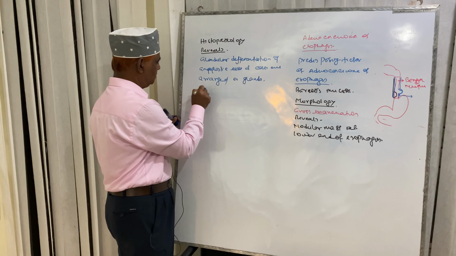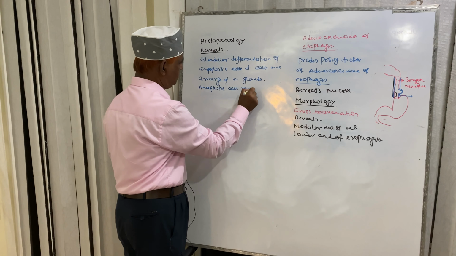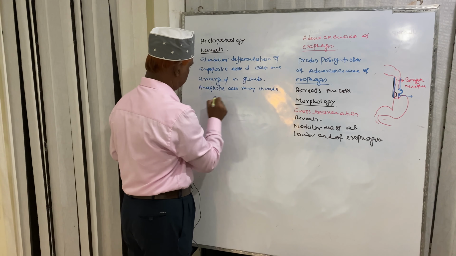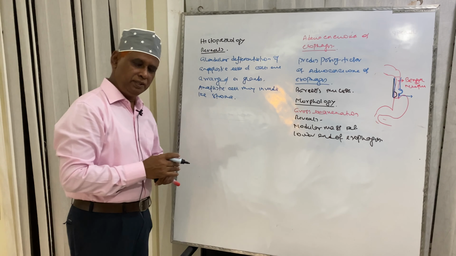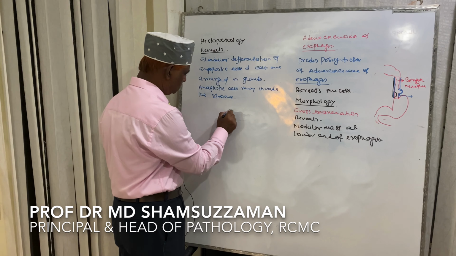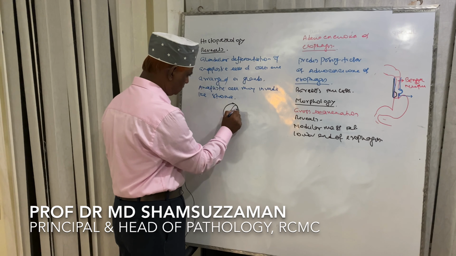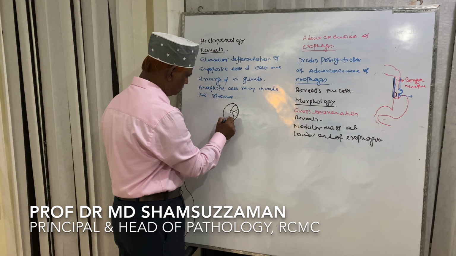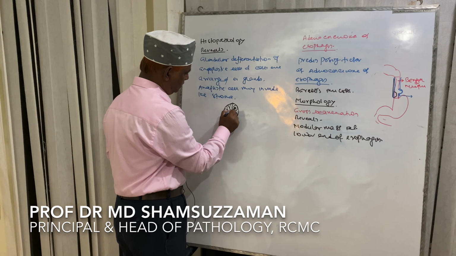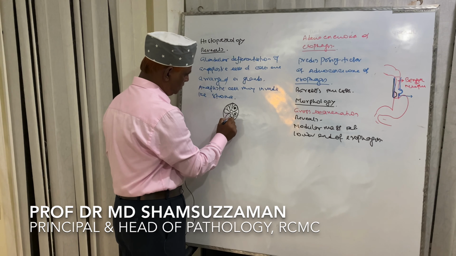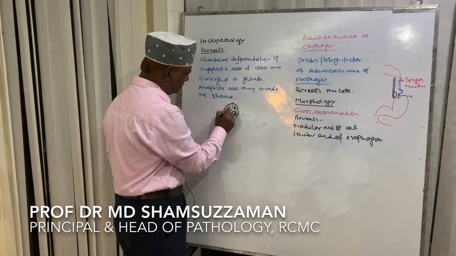Anaplastic cells may invade the stroma. Dear audience, these are the anaplastic cells showing glandular differentiation and arranged as glands.